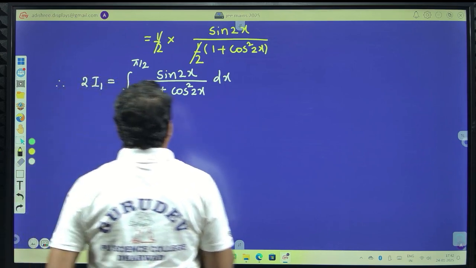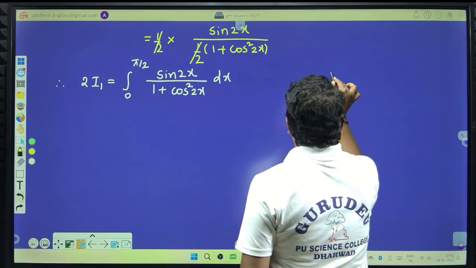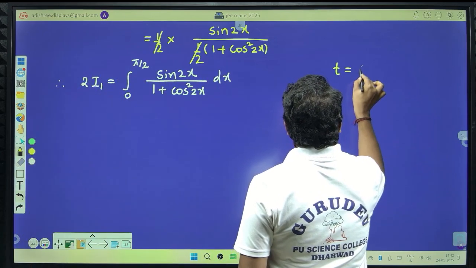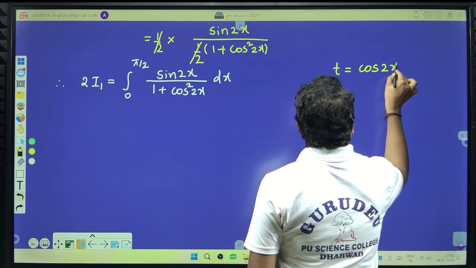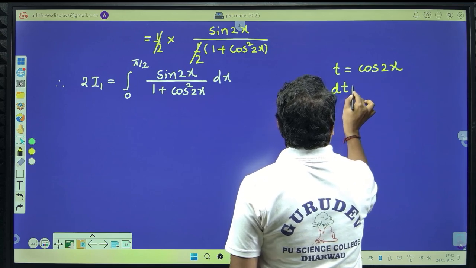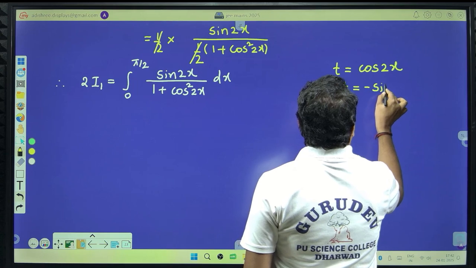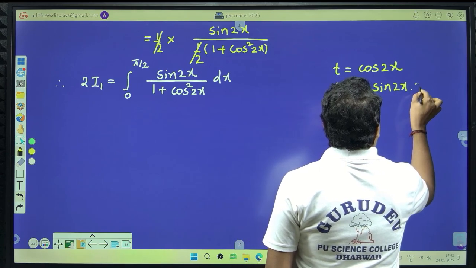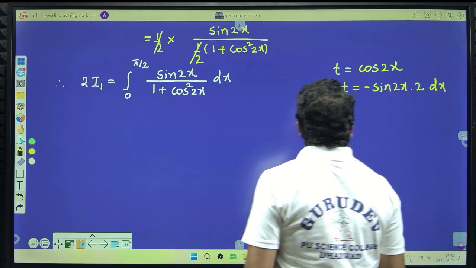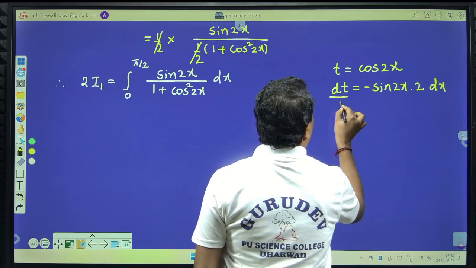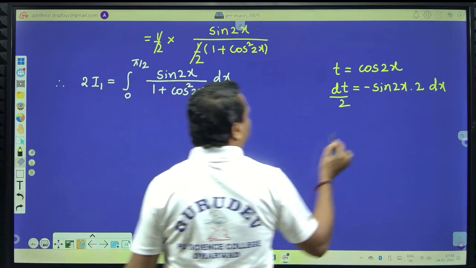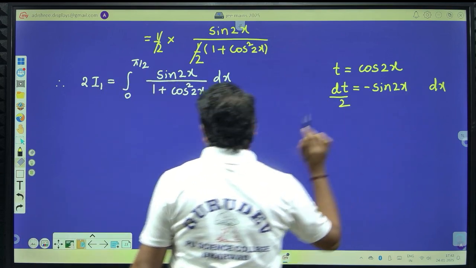Now it's all about understanding substitution. What am I going to substitute? Put t is equal to cos 2x, hence dt is equal to minus sin 2x into 2 dx, or you can also consider dt by 2 is equal to minus sin 2x dx, which is also fine.